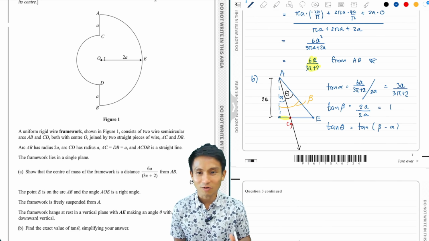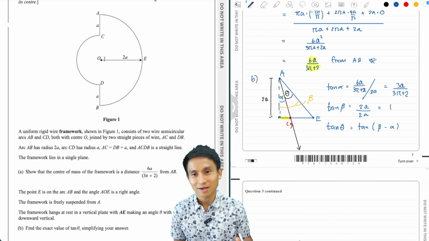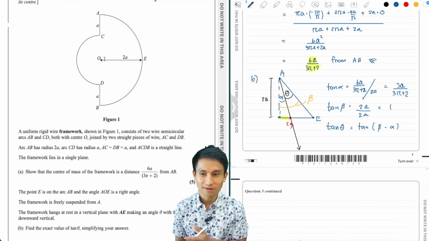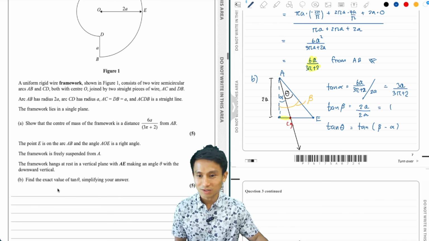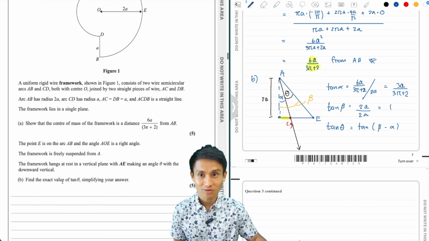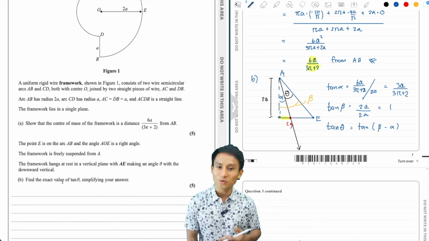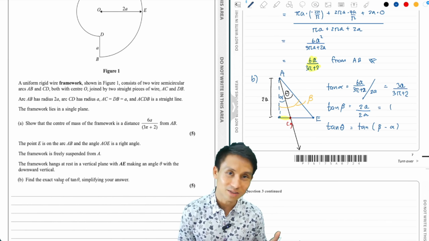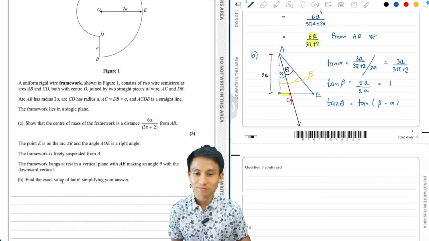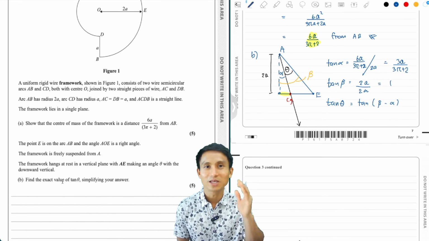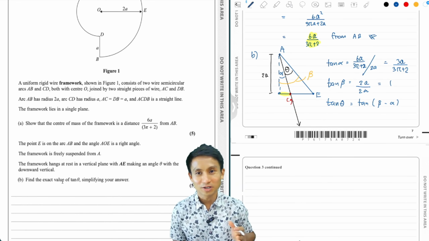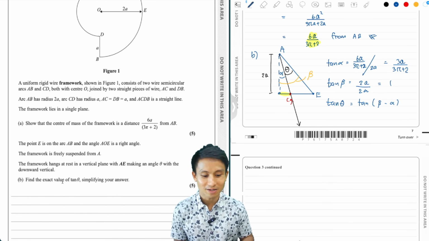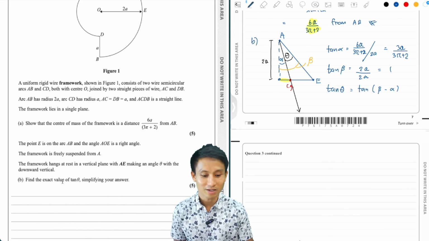Now, how are we going to get a crack at the right-hand side there? Because we want tan theta, of course. And the question specifically asks for exact value. So you can't just solve for the angle and hope that you're going to get an exact value for tan theta. It's not going to be that simple. So we do this by using pure math knowledge. Addition formula for tan, tan A minus B.